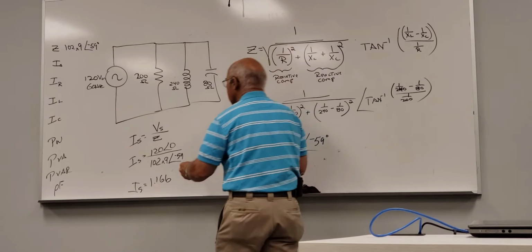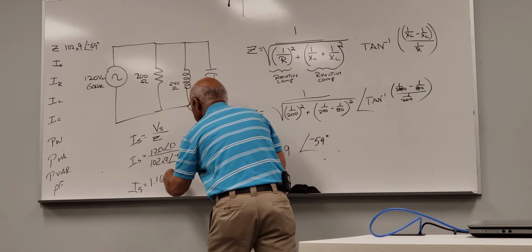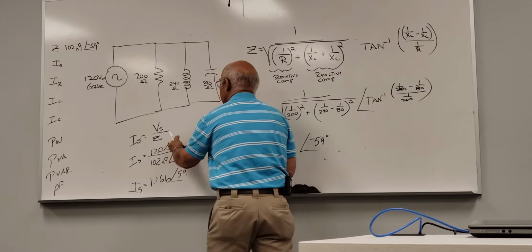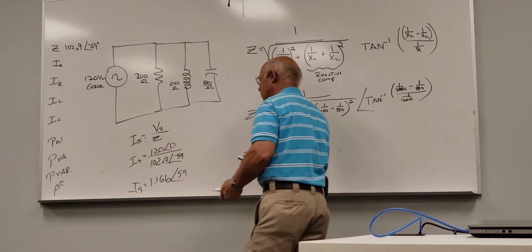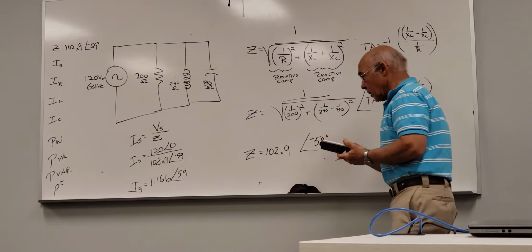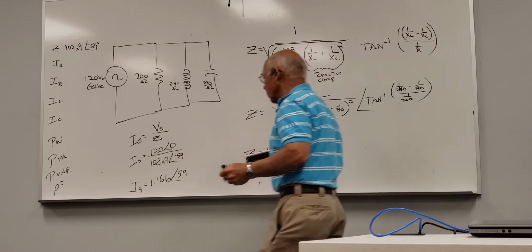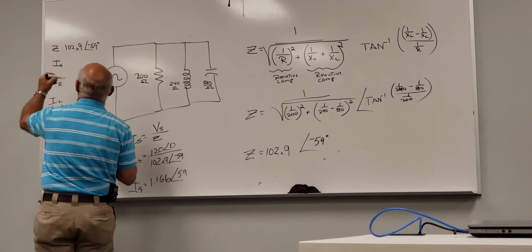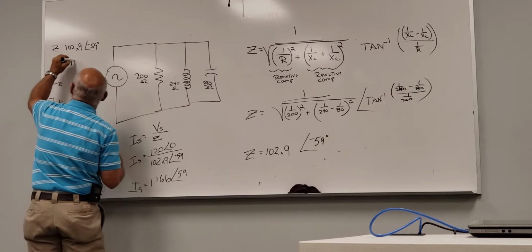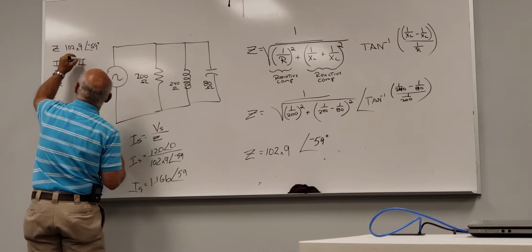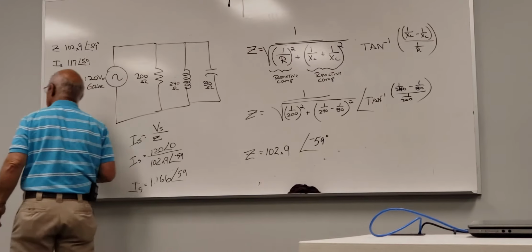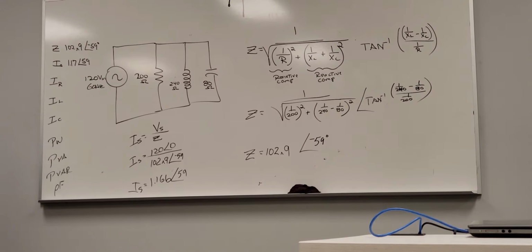And the angle is going to be positive 59 because 0 minus a minus 59 would be positive. Current is 1.17. It has a positive angle of 59, which means the current is leading.